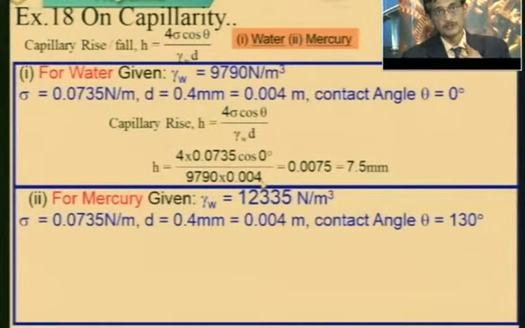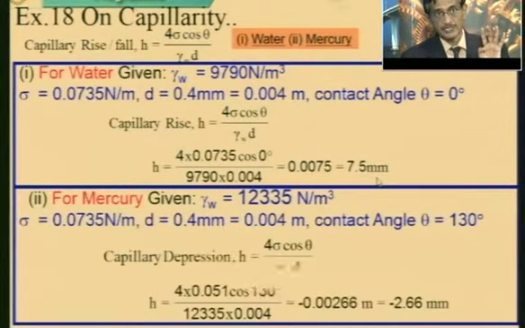What is the 0.004? You can see here diameter is 4 mm, so 0.004. Once you calculate this one, you get a capillary rise of 7.5 mm for the water case.